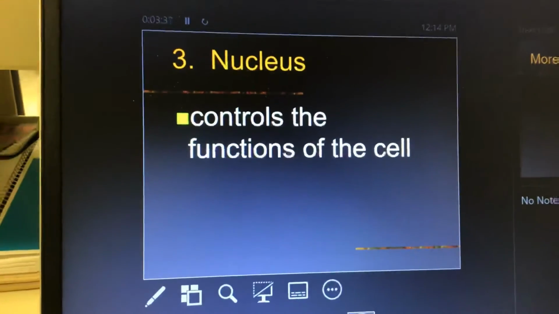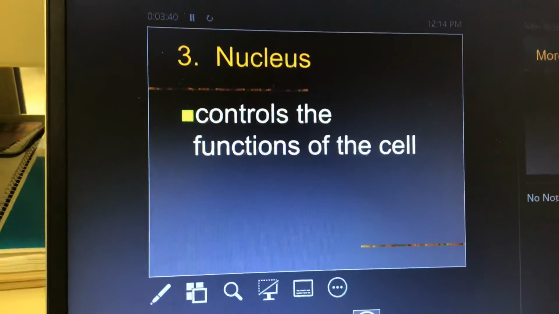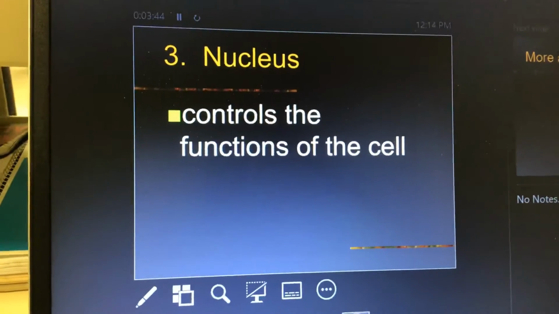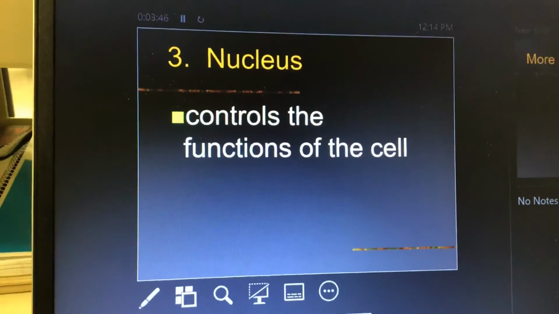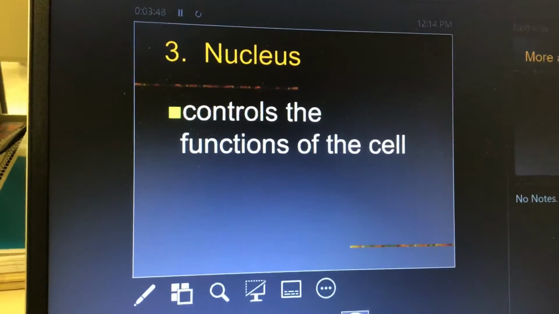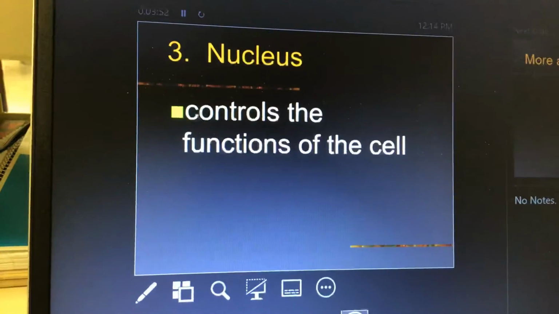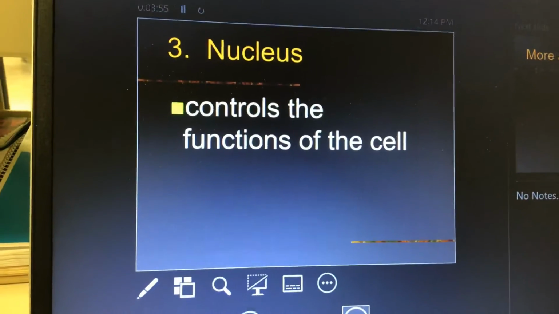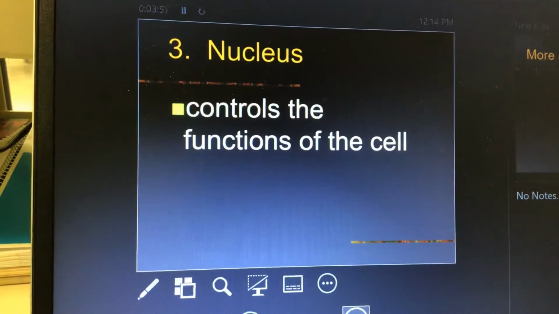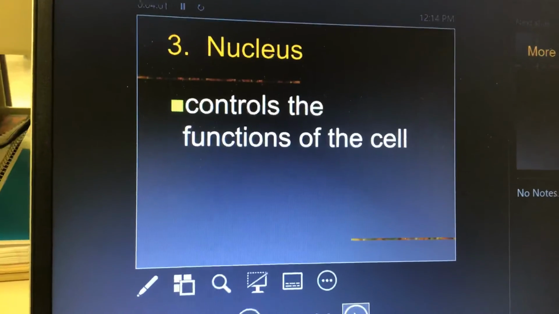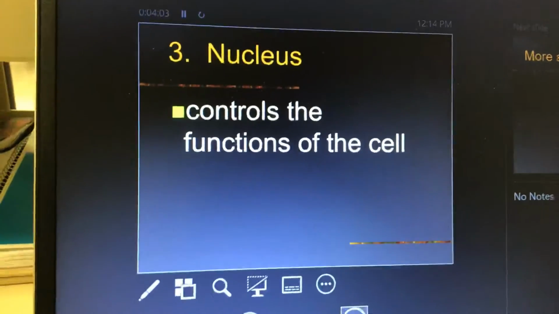Nucleus, I'm sure this is old news, controls the functions of the cell. It's going to be in the middle. Write this down, by the way. So kind of the brains of the cell, the nucleus. These are all things that both plants and animals have.